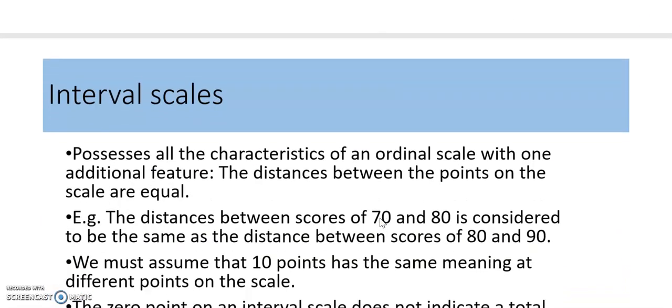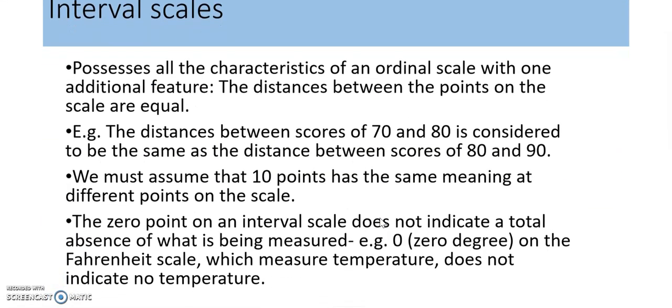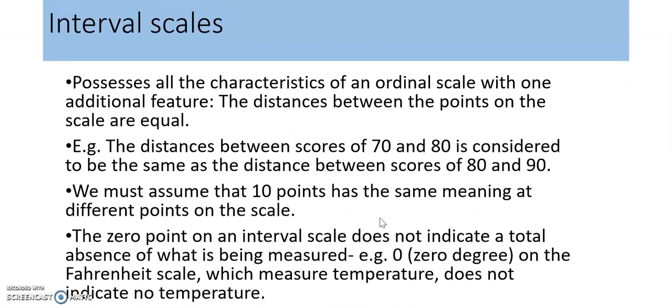Okay, next is interval scales. These are the common scales used in analysis. It possesses all the characteristics of an ordinal scale with one additional feature. It's just like ordinal, but the distances between the points on the scale are equal.